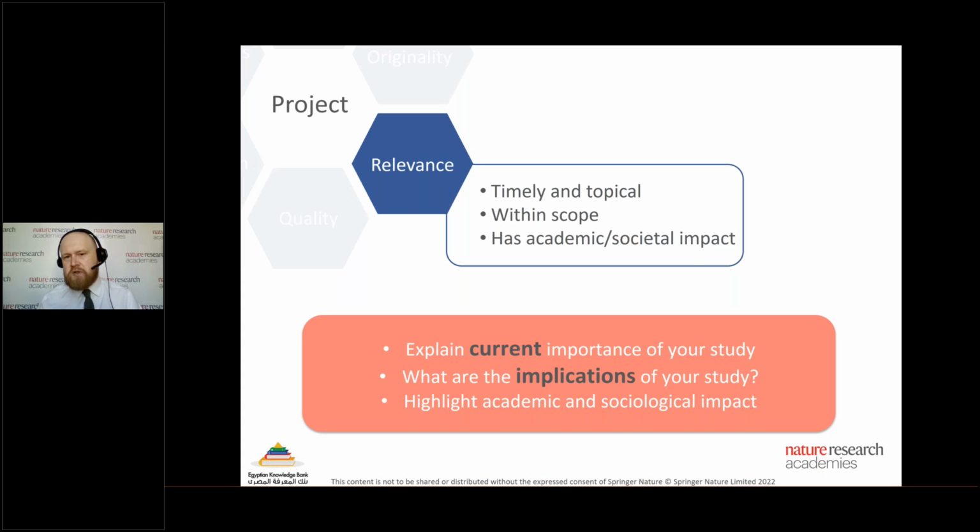We also want to be sure that our project is going to be impactful, and relevant both within your research field, but also wider society. What's the impact and relevance of your proposal for wider society, or perhaps medical practice? So you do want to explain why your proposal is currently important and the implications of your study.